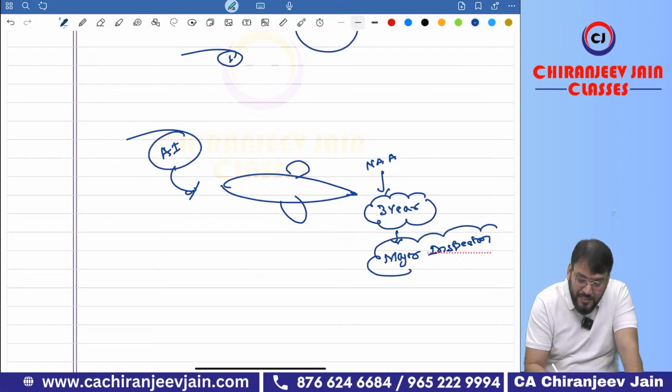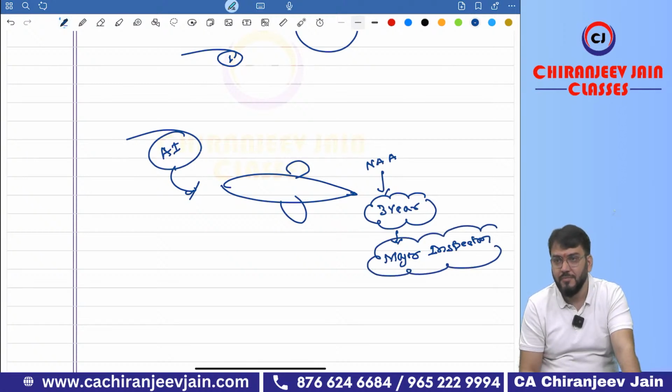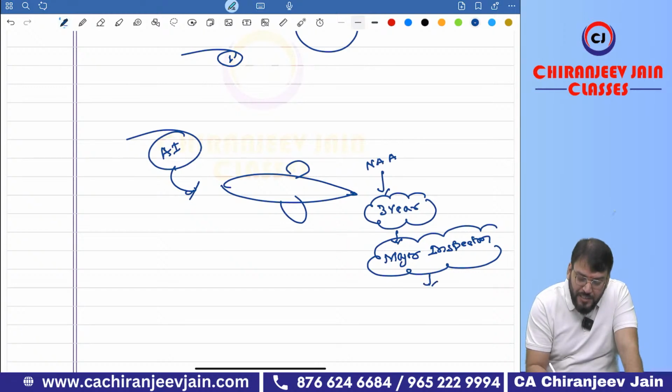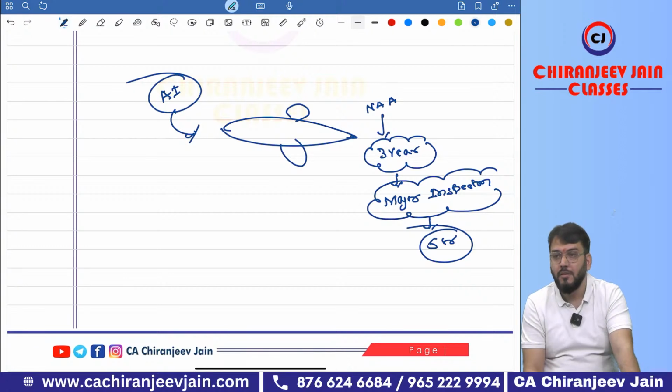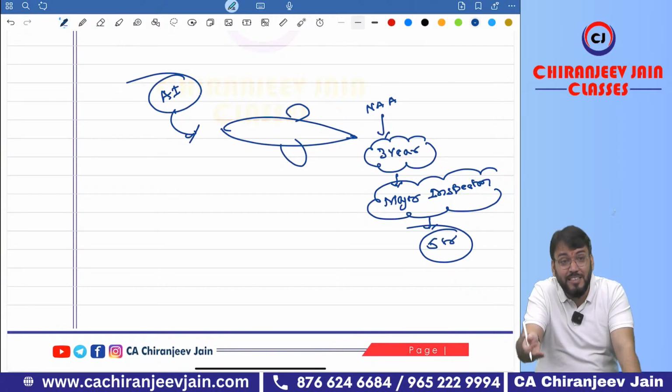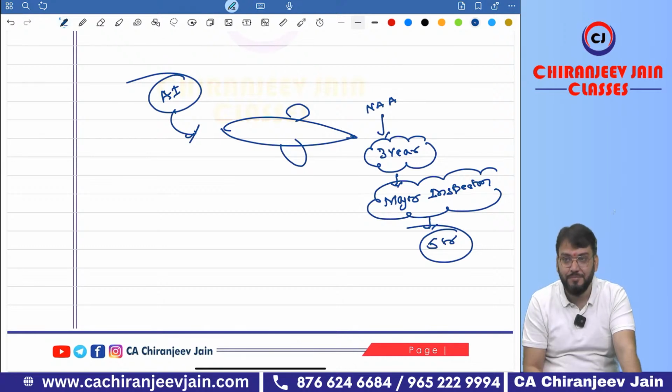This major inspection is not normal repair and maintenance. It requires expenditure, and the expenditure is estimated, suppose, at 5 crore. So after every 3 years, we need to incur a major inspection.